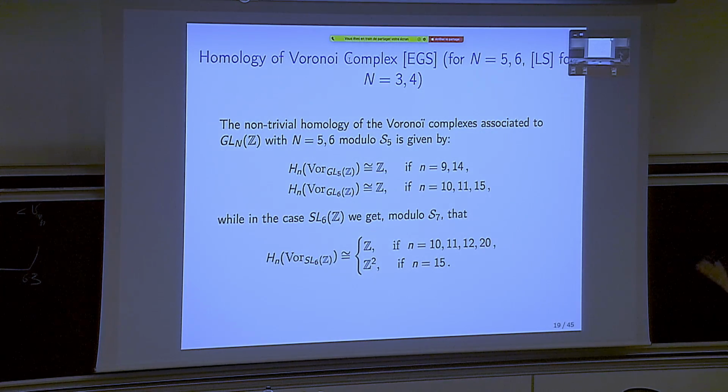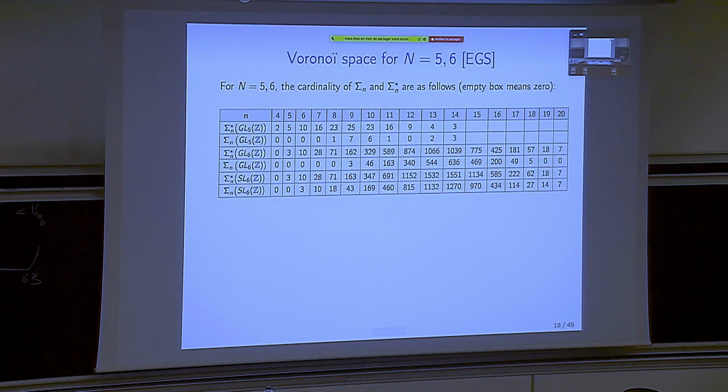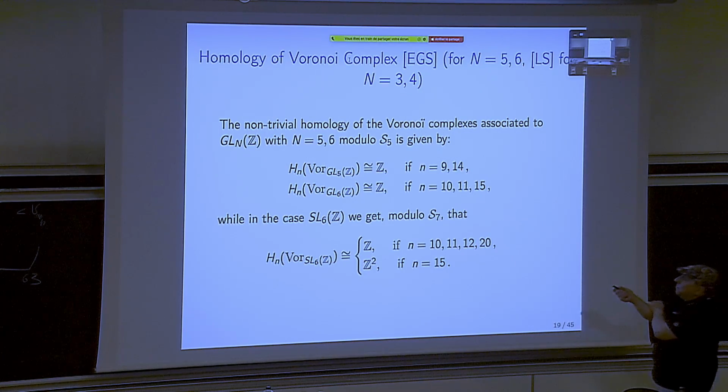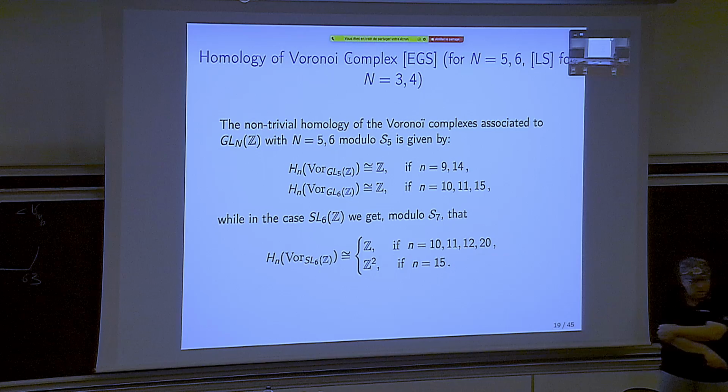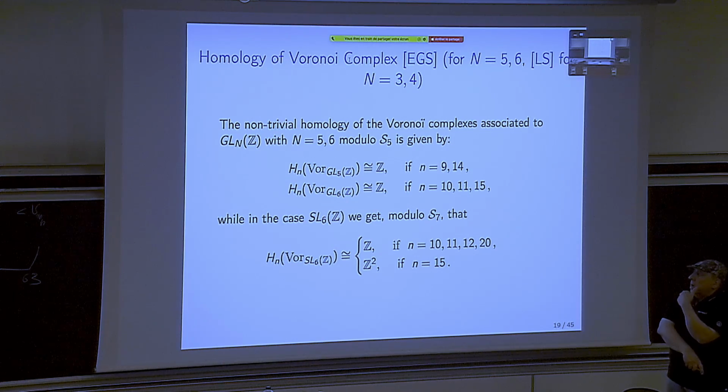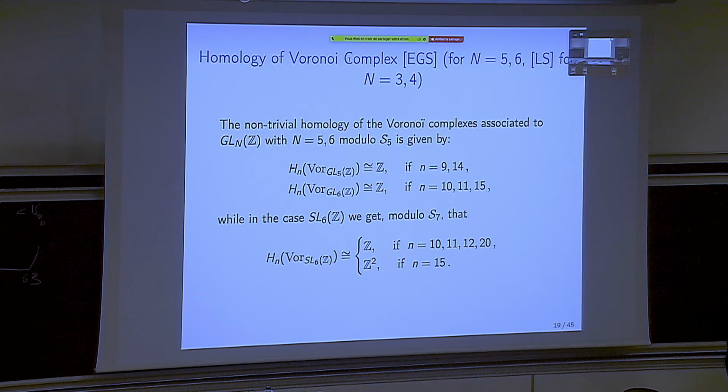But, okay, if I translate the previous results with the differential computation, you end up with these results. The Voronoi complex. So what you see is, first, you have very few free components, so it's almost zero.